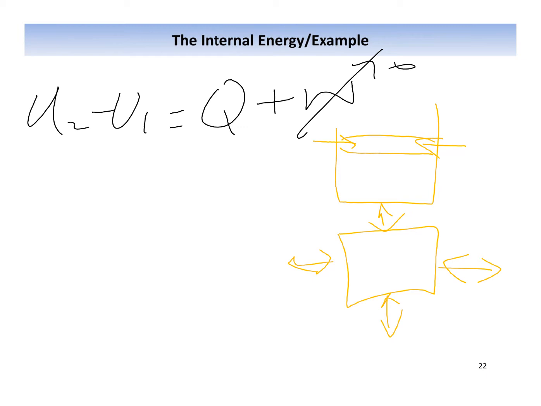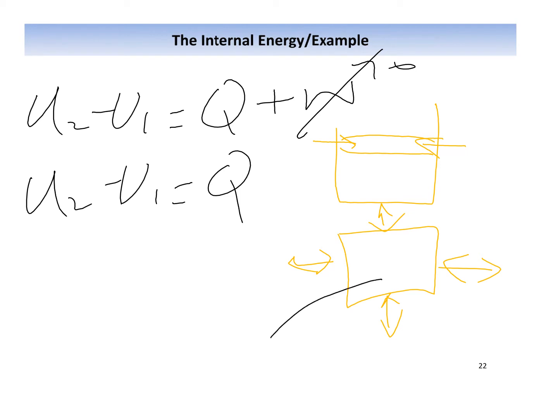So if we use any sort of means to heat the system up, or to cool the system down, it will only be increasing or decreasing our internal energy. So this is what happens when we restrict the boundaries and make a rigid body system.